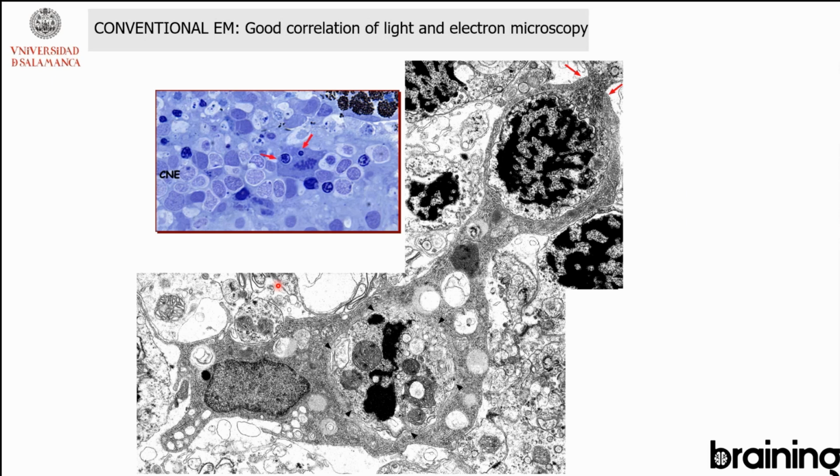But prior to those ultra-thin sections, you can get what are called semi-thin sections that you can stain just with a regular staining. Here it is toluidine blue, and you can use them to check if you are actually in the right place to find your cells, or your samples, or whatever you're looking for.